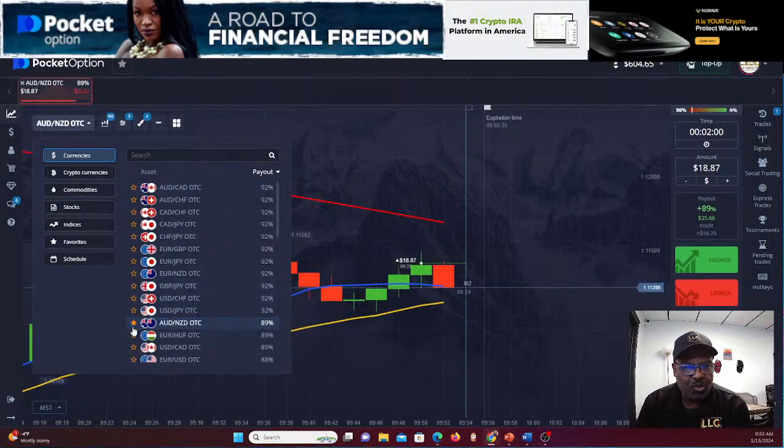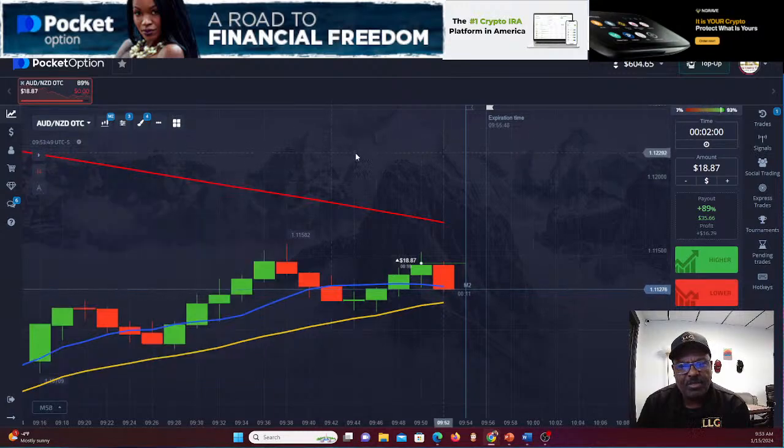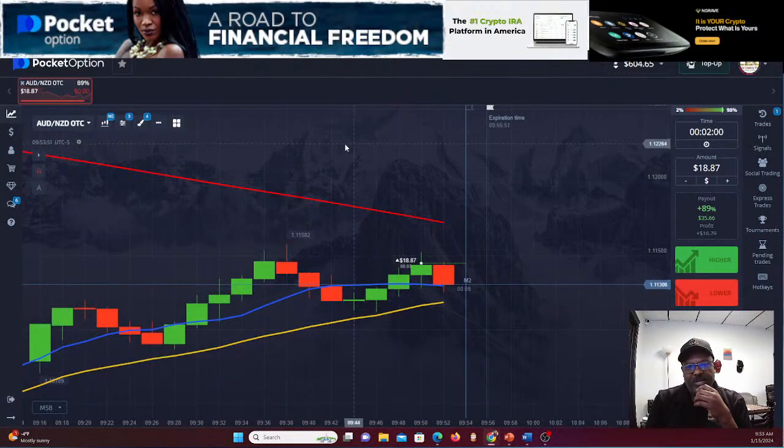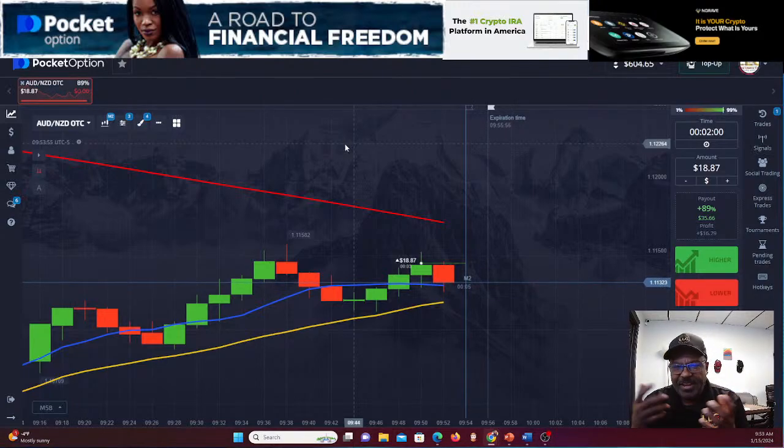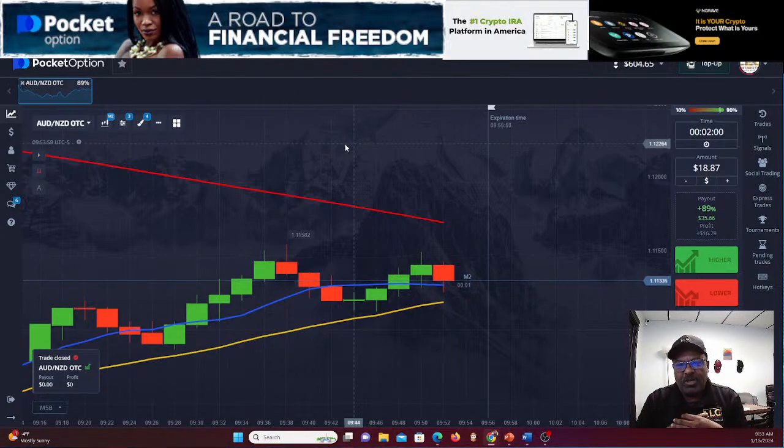When you press these stars, this shows the pair that you have put up on the screen. It looks like we're not going to win this trade, but there was a reason why. I didn't look at it. I just put a trade in to show you what goes on.